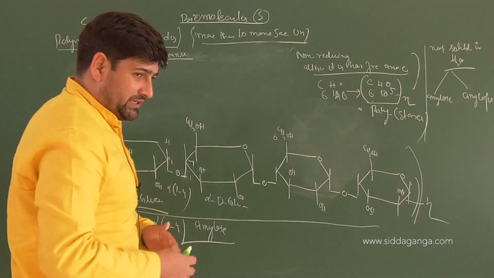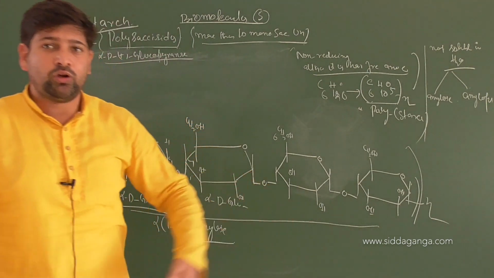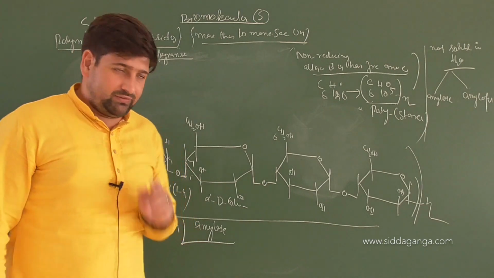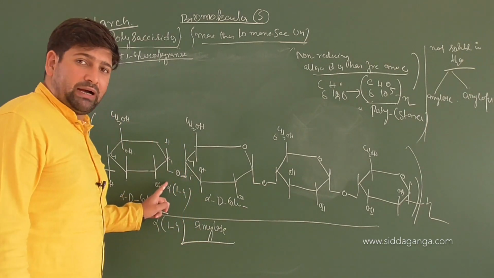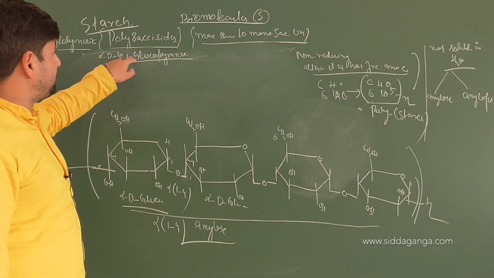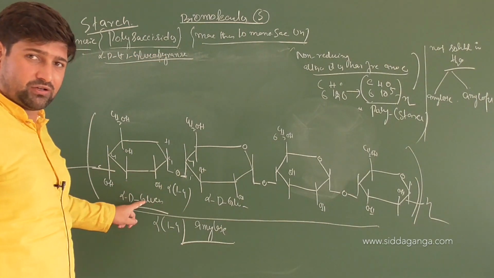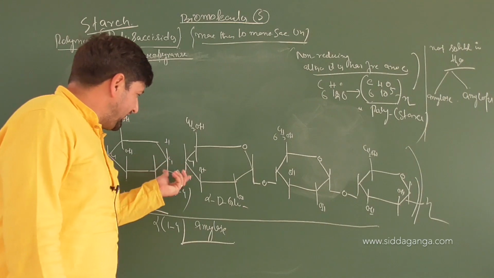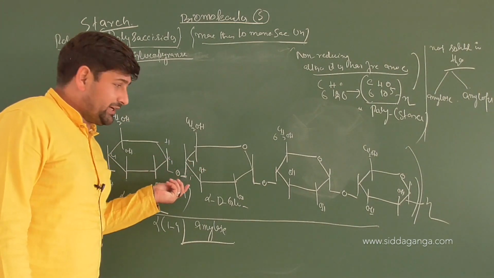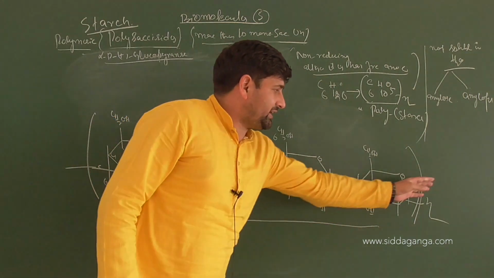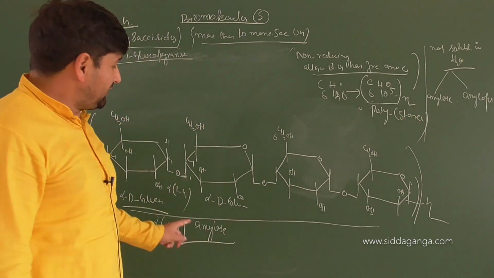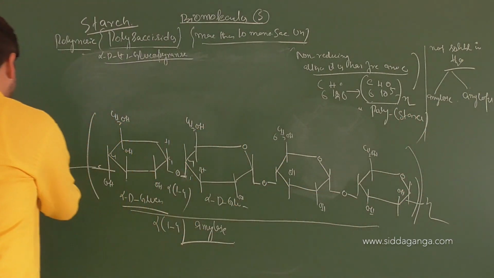Amylose is the basic linear chain of starch, in which each alpha D glucopyranose unit, or alpha D glucose, or simple D glucose, is held with the others by glycosidic linkage, repeated n number of times. Clear? This makes it the amylose part.